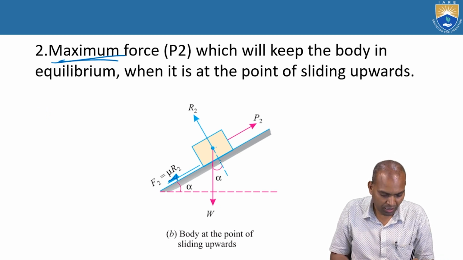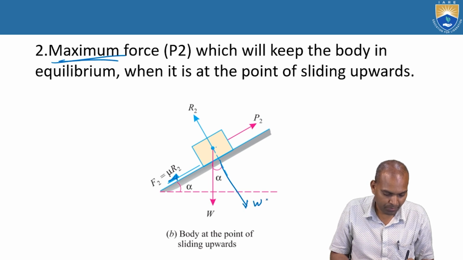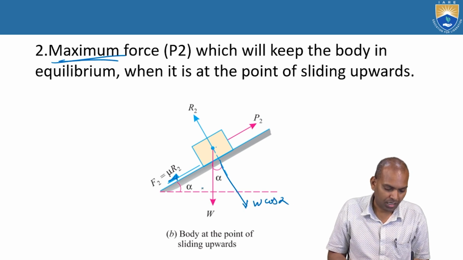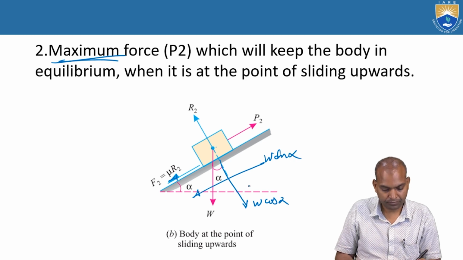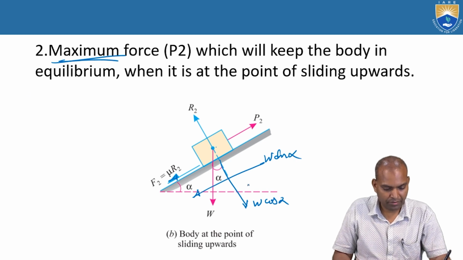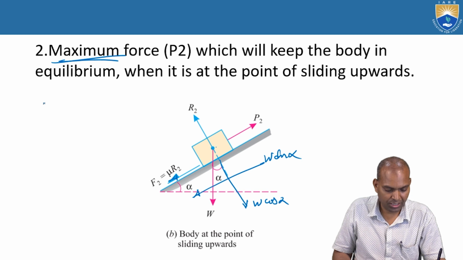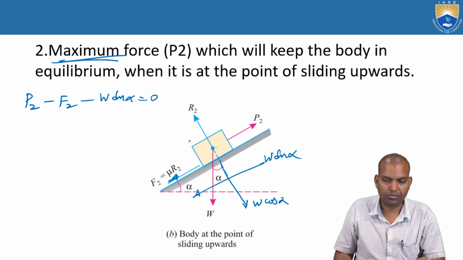Now, normal to the plane is W cos alpha, and along the plane it is W sin alpha. Now equation 1, along the plane: P2 minus F2 minus W sin alpha equal to 0.